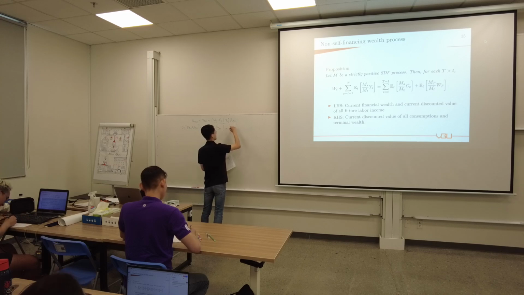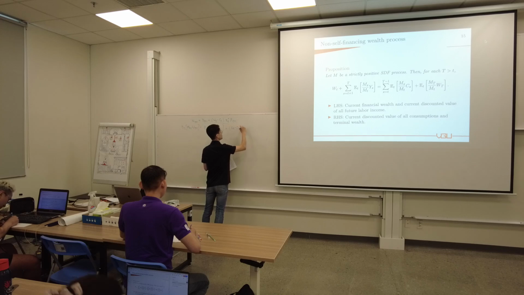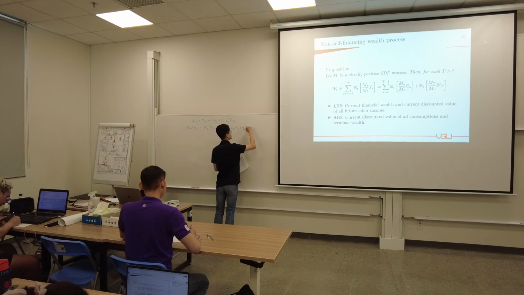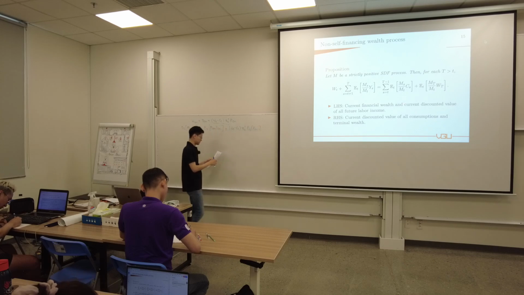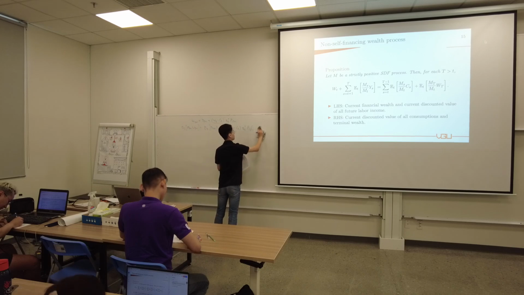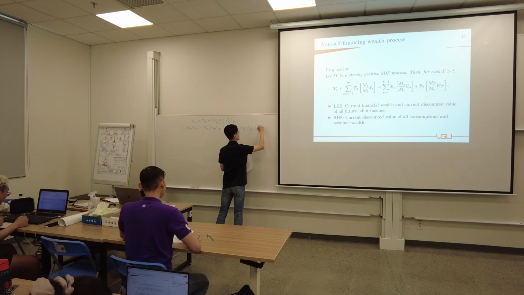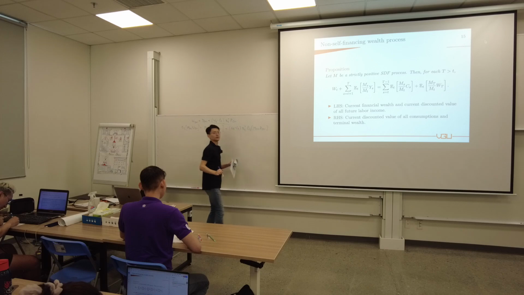So we get a W tau, we get a C tau, we get a pi tau, and then we get a conditional expectation of M tau plus 1 and R tau plus 1.